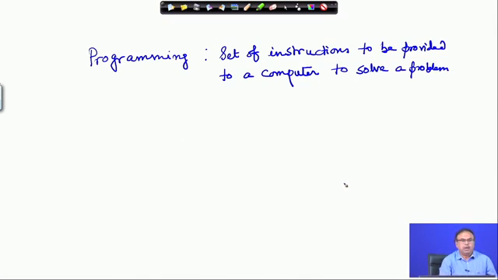Now, a computer is an electronic machine.